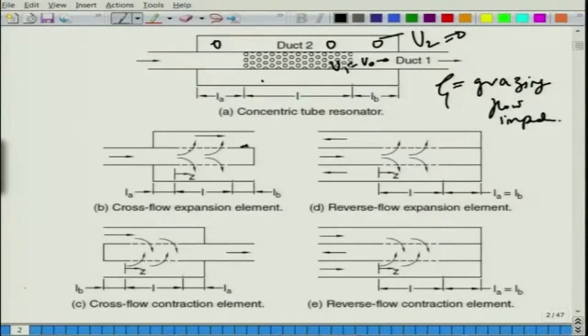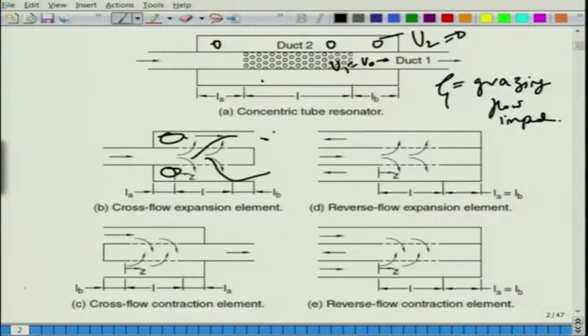For this one there will be a cross flow, because this really is a dead end. The flow is left with no choice but to go through the perforated tube, and then it interacts with the outer cavity. Here you can do a lot of simplified analysis, but what I am saying is that for the cross flow configuration, in the annular cavity assume the flow to be 0, but in this part there could be some non-zero flow.